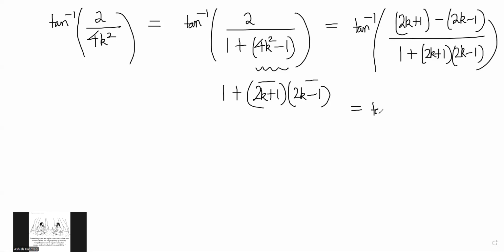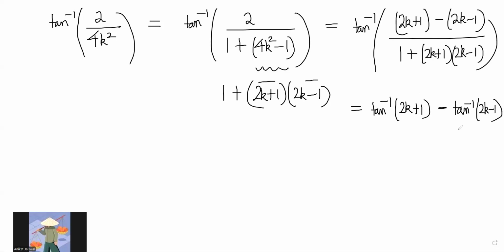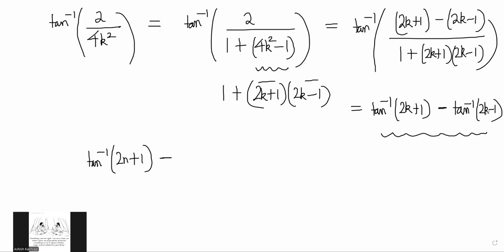So this is becoming tan inverse (2k plus 1) minus tan inverse (2k minus 1). As soon as you get this, we can do the summation from 1 to n. When you do the summation, the bigger term of the last one will be left, and the smaller term of the first one. So what you'll end up with is tan inverse (2n plus 1) minus tan inverse 1.